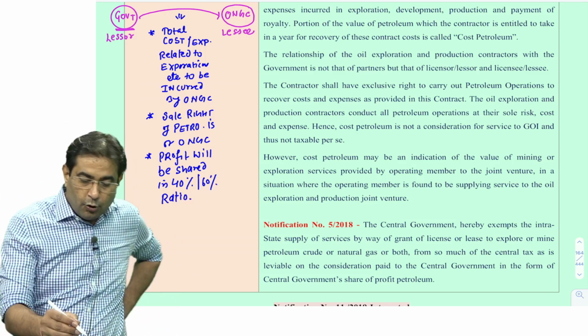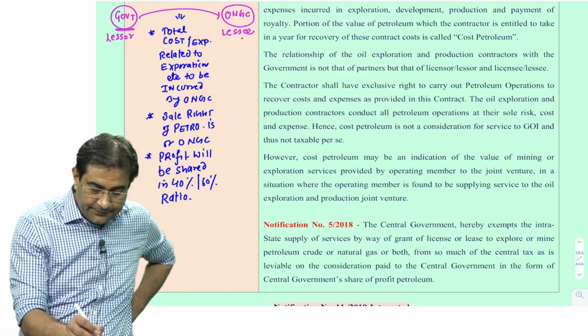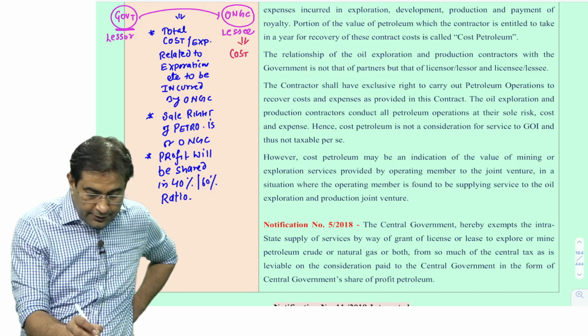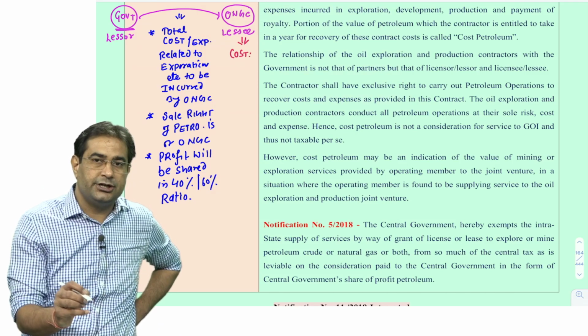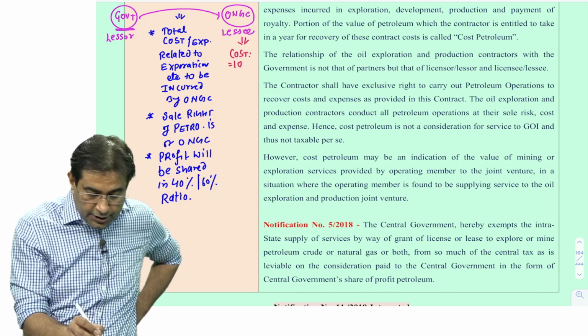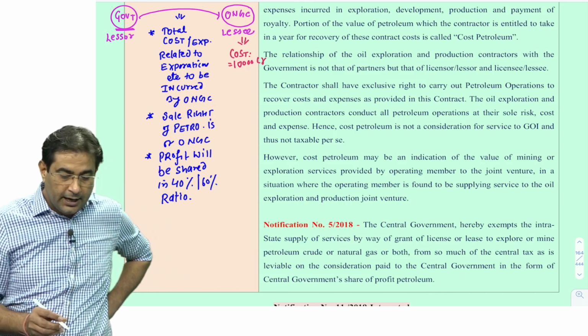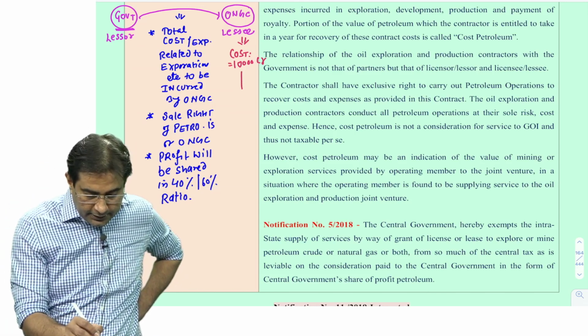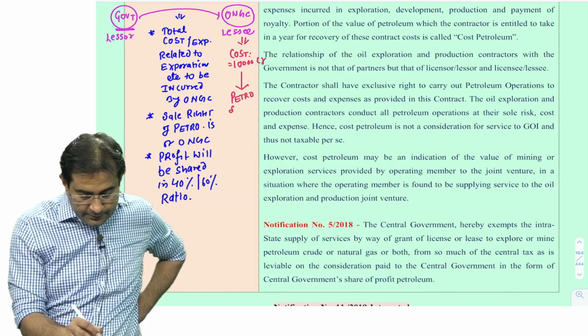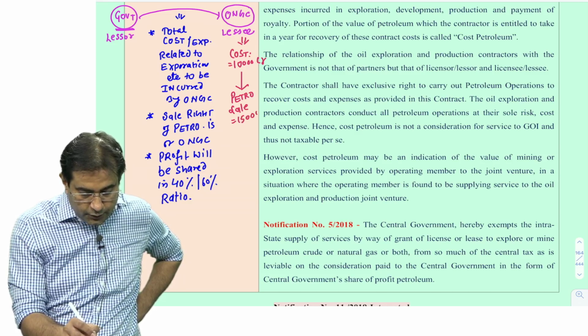Suppose ONGC starts the work, and the cost of drilling, exploration, development, each and everything is 10,000 crore rupees. Is it okay? Yes, sir. And after incurring the cost, crude petroleum is sold by ONGC, and the petroleum sale price is 15,000 crore rupees.